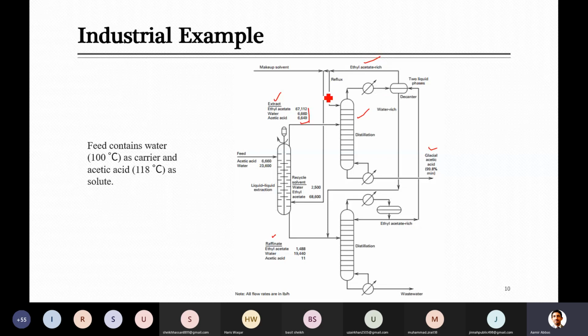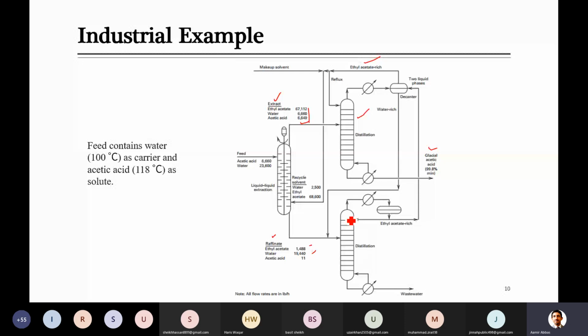The heavier one, which was water, settled at the bottom, and you can take it to the water separation column. From the bottom of the extraction, as you know, the raffinate leaves, majorly water, along with some ethyl acetate and acetic acid. The amount of acetic acid is very small, but we want to recover ethyl acetate from here.